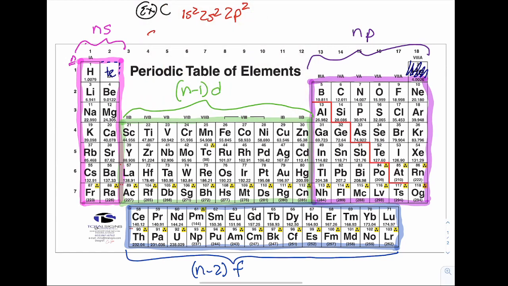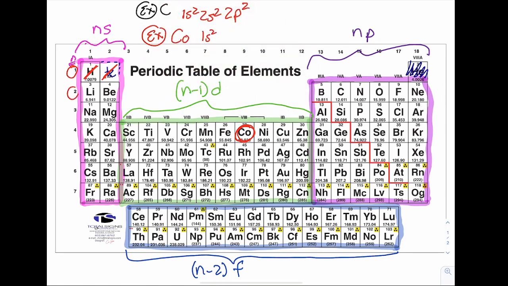Let's do something that has D's. Let's do cobalt. So cobalt's right here. And again, I'm just going to start with 1 and I'm going to count all of them. So I'm in the first period, there's 2 squares. So 1s2.